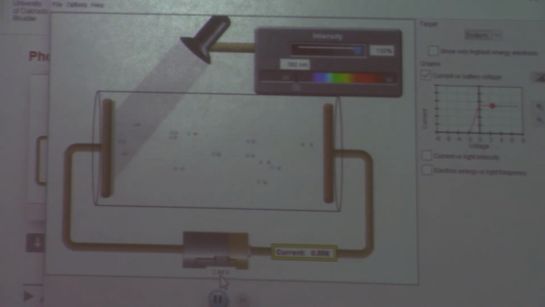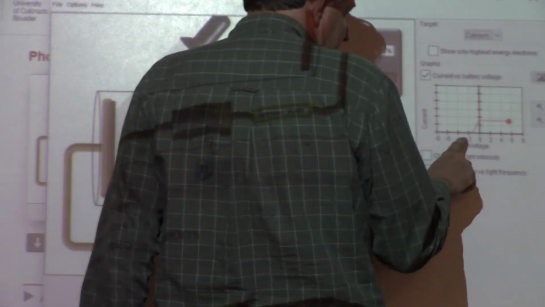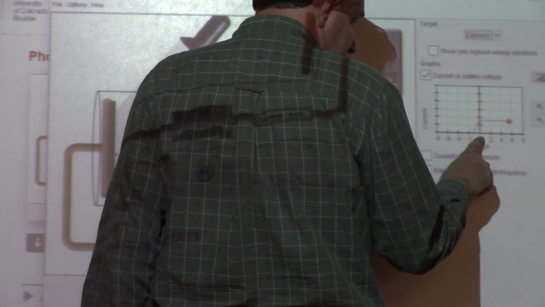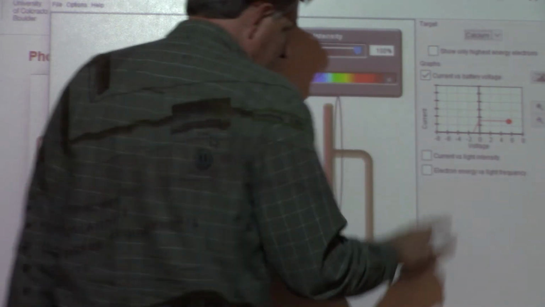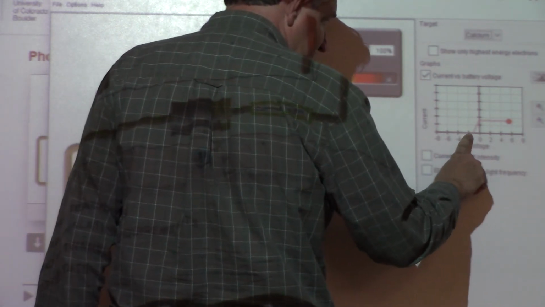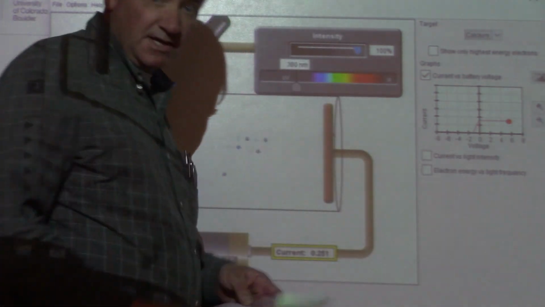So with calcium, we're going to do the same thing. It's a little bit of a shift. Instead of taking off at -2, we're going to take off at about -1.5.